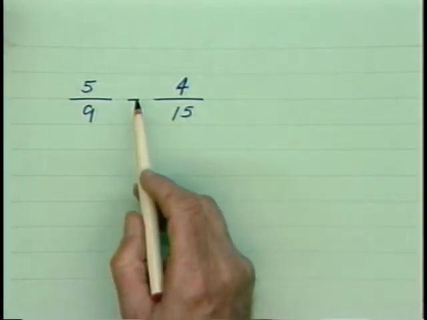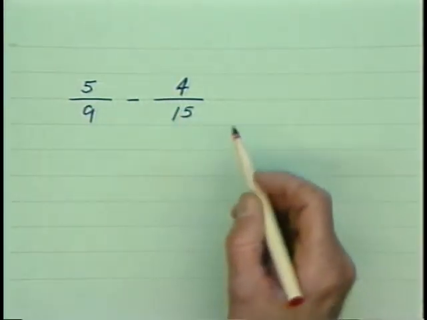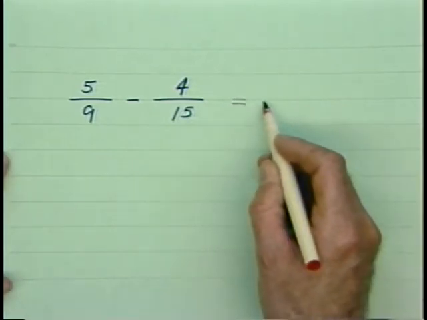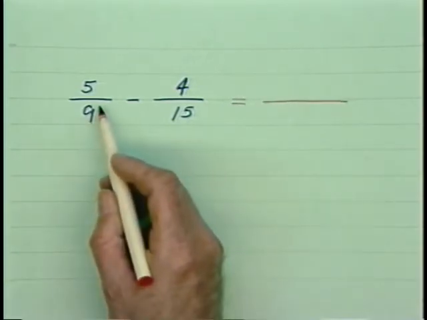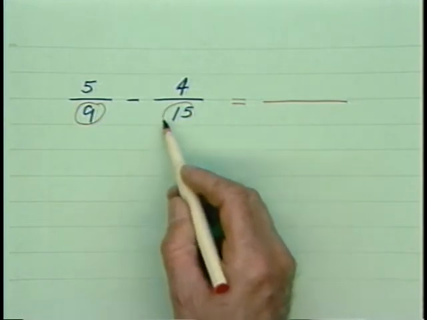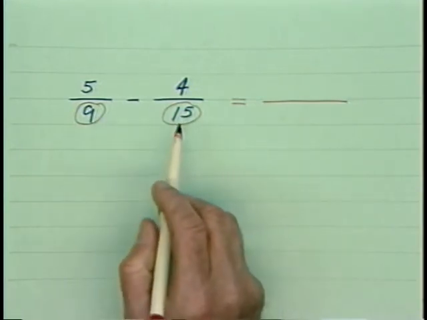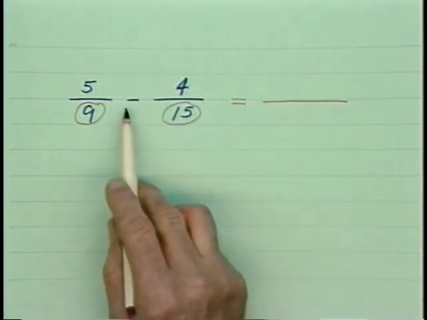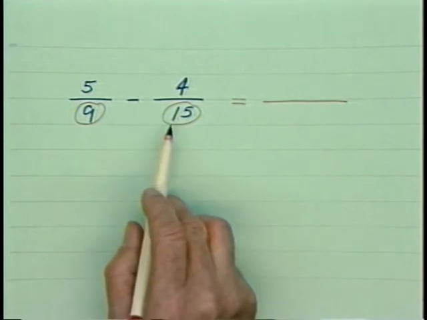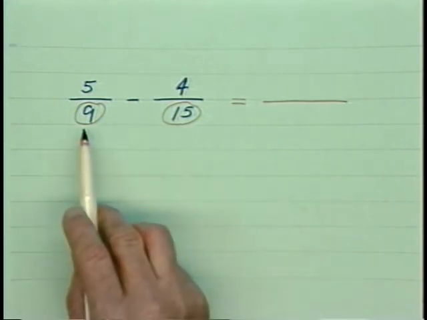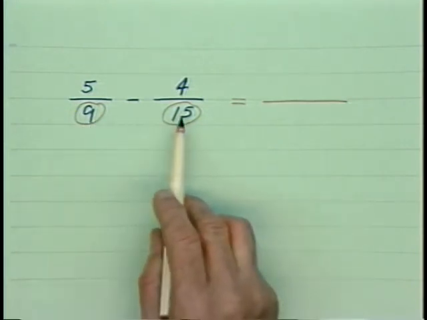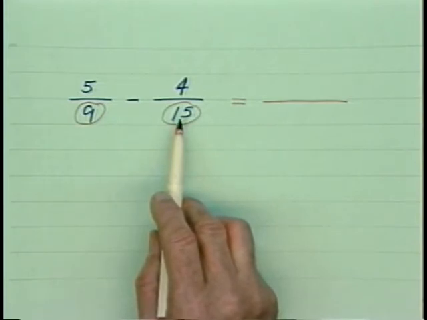That is, to subtract two fractions, we ask first, are the denominators the same? And if they are not, we can't subtract until they are. So then we ask, what's the lowest number both 9 and 15 in this case will divide into?